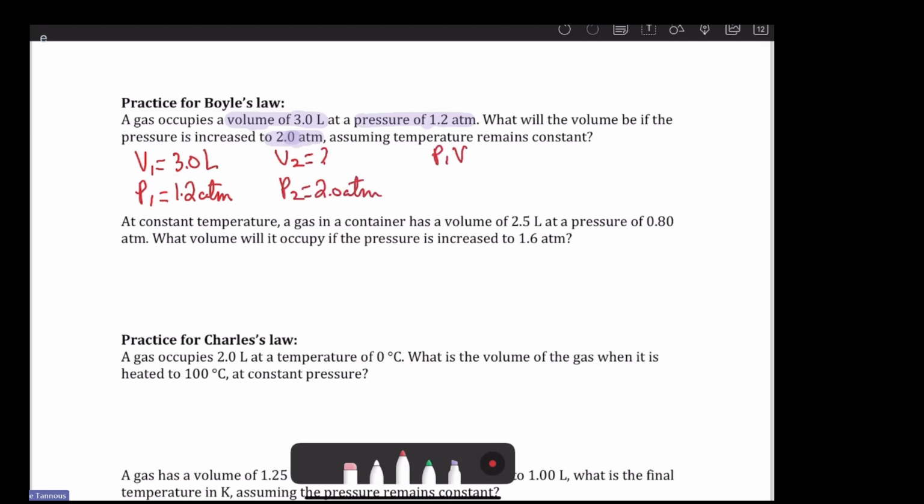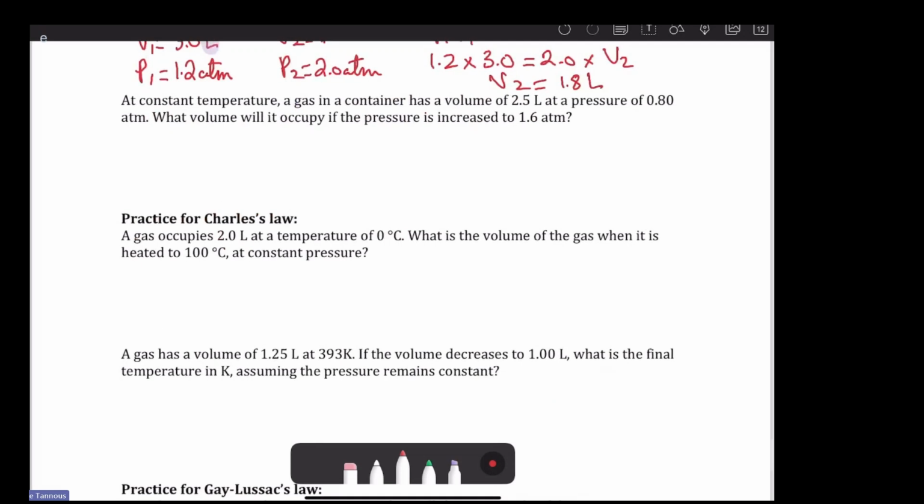So P1 V1 equals P2 V2, 1.2 times 3 equals 2 times V2. Therefore, V2 is 1.2 times 3 over 2. That's 1.8. Now, look at the unit. The first volume is in liter, so the unit will be liter.